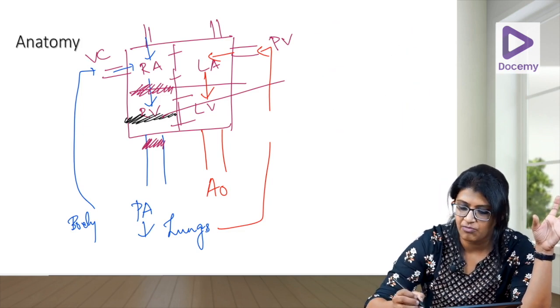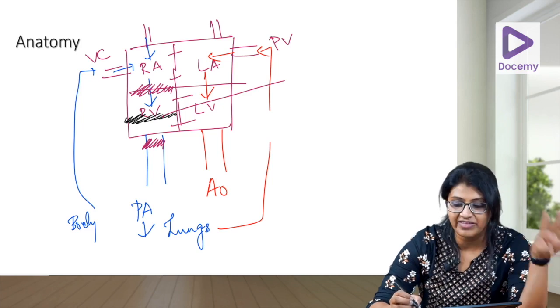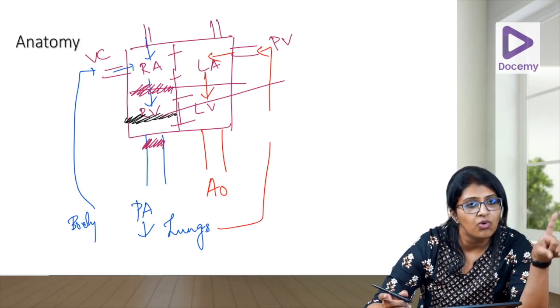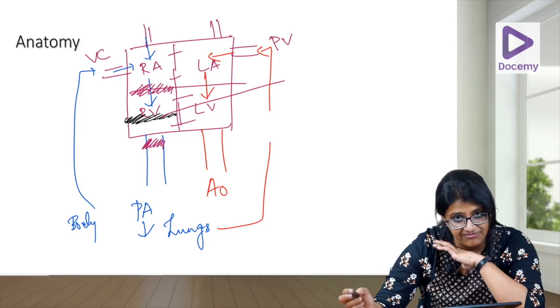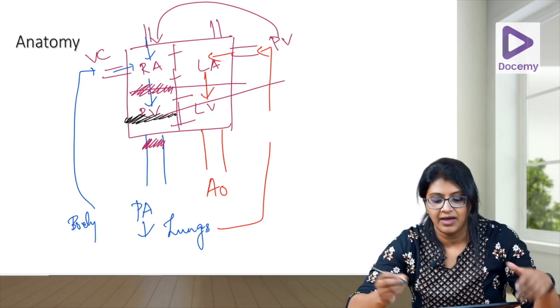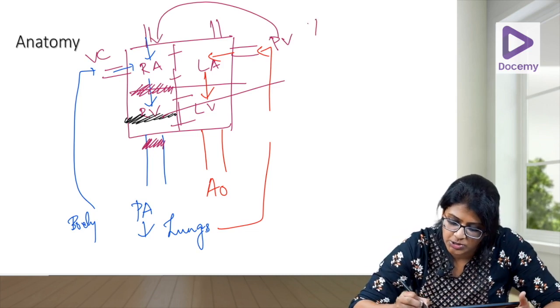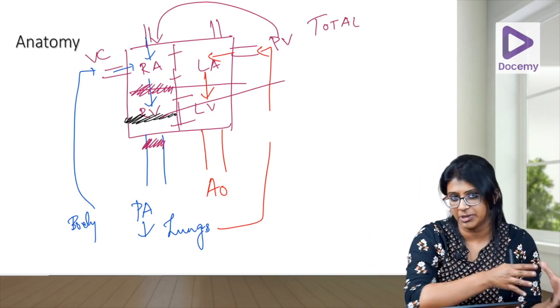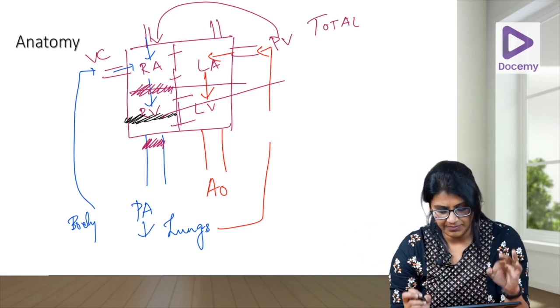But if more than 3 drain into the wrong side of the heart, then you have virtually no oxygenated blood reaching your left side. So all of these pulmonary veins go and drain over here, and this is called total. So in total, ideally you should have all 4 pulmonary veins draining into the right side of the heart, but at least 3 is what's important.